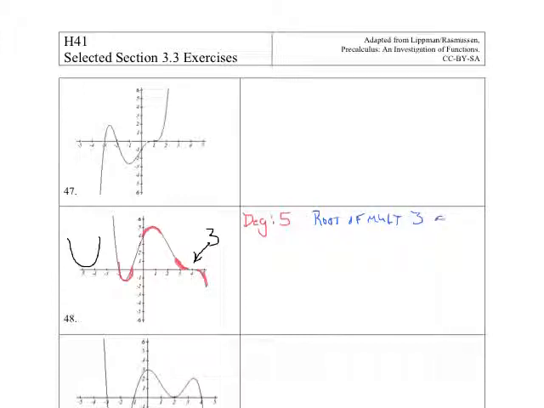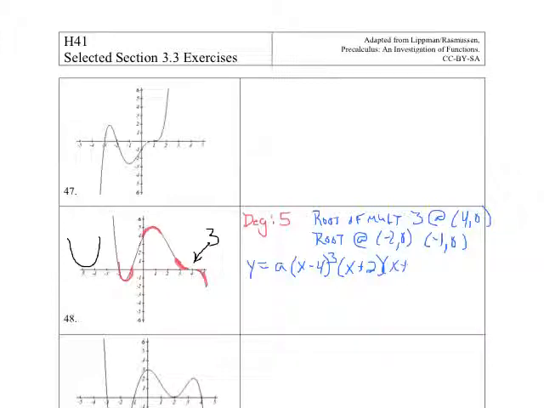So we have a root of multiplicity 3 at 4, 0. And then we also have other roots at -2, 0 and -1, 0. So our equation before we solve for a is a times x minus 4 to the third times x plus 2 times x plus 1. And then we'd want to use our intercept to solve for a.